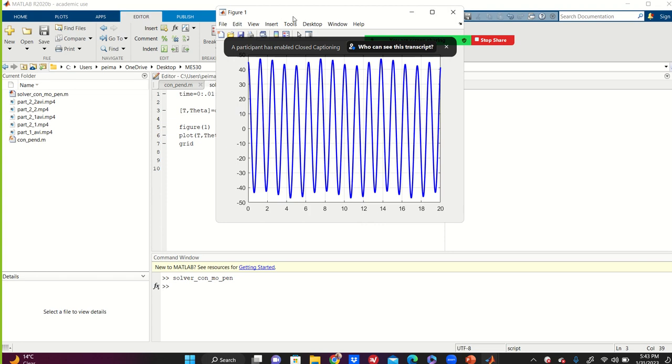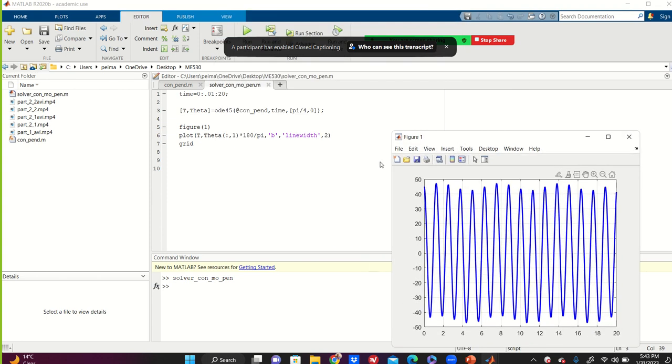See? For refreshing your mind, we started from an initial condition of 45 degrees, and because the base is oscillating, you have an uneven amplitude of vibration, because you have a disturbance to the system. And this is the angle, remember?